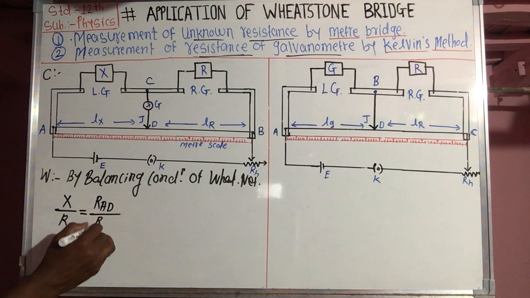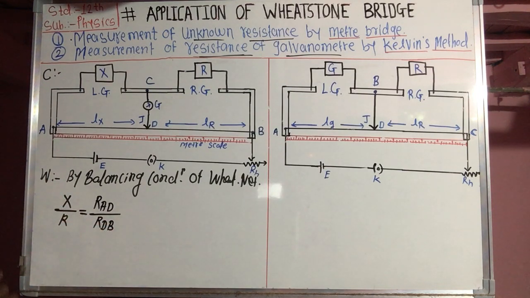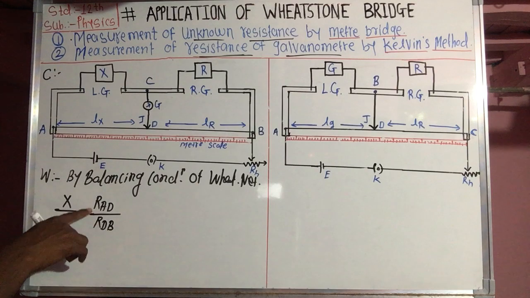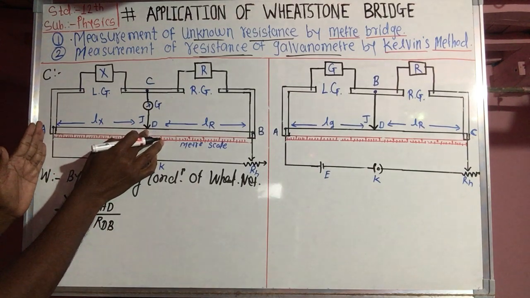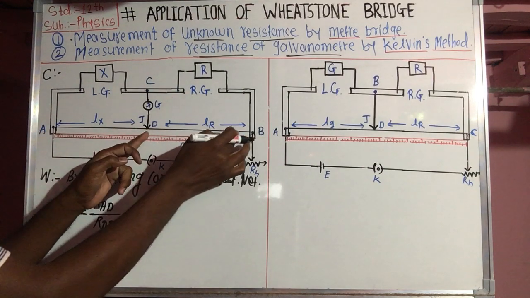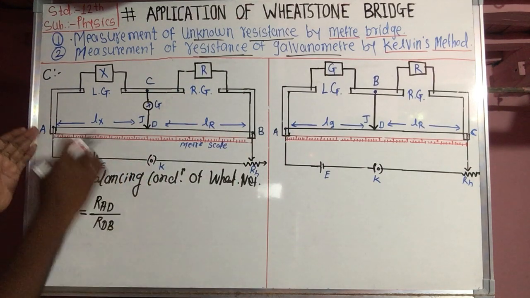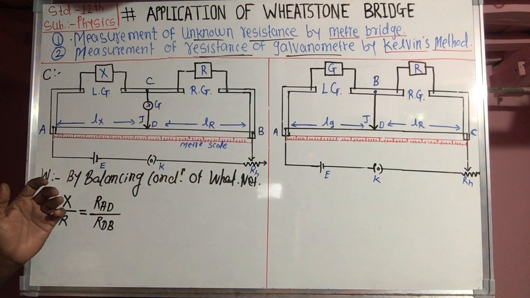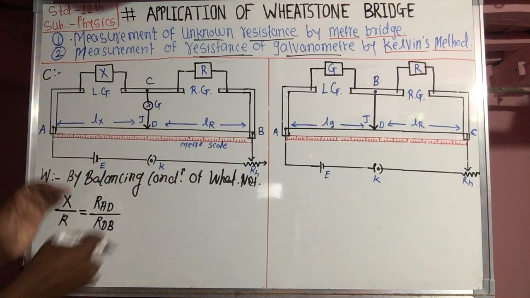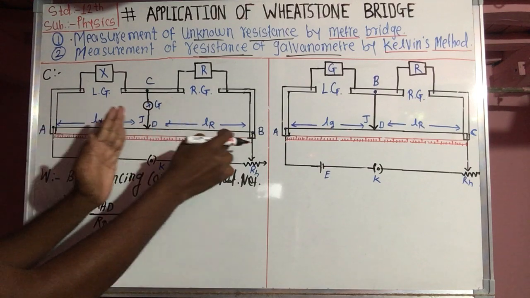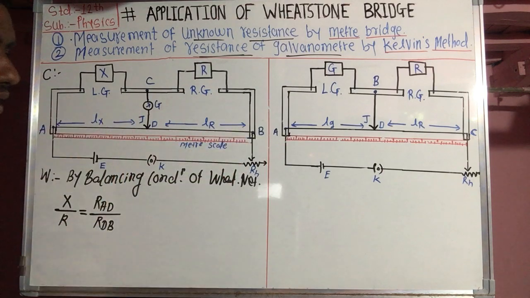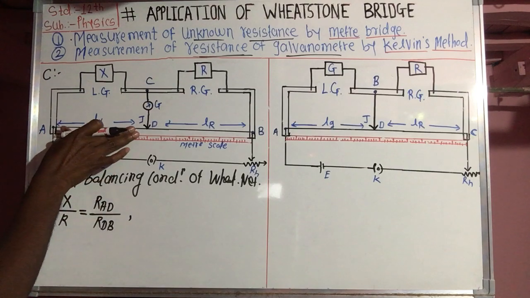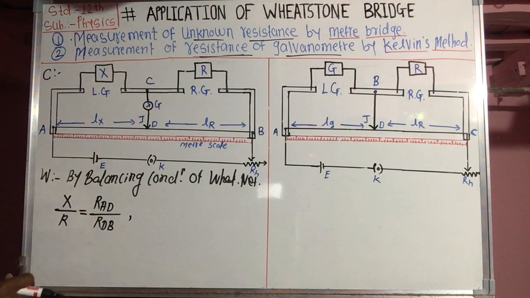So what do RAD and RDB represent? RAD is the resistance between the points A and D, and RDB is the resistance between the points D and B. Here a total wire is connected, so the wire has some resistance. This is one part and this is the other part: this one is resistance RAD and this one is resistance RDB. But how do you calculate the resistance of a particular length of wire?